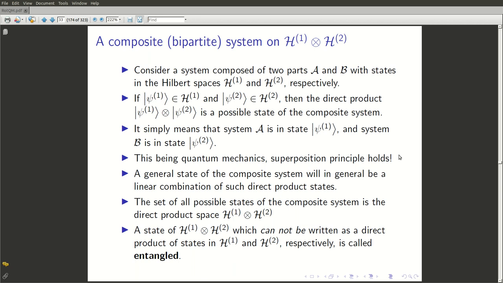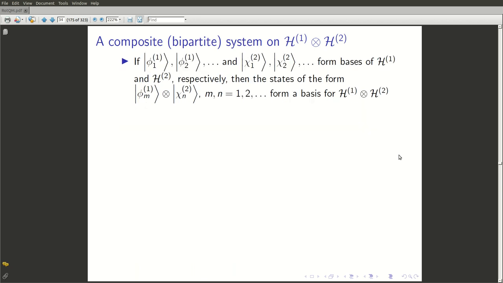We are not going to talk too much about entangled states in these lectures, but I am pretty sure you have met them before in your last course, especially in the context of Bell's theorem, inequalities and stuff like that. So what about a basis for this composite direct product space? Well, if φ1, φ2, etc. form a basis of this vector space H1, the set of all states of subsystem A, and χ1, χ2, etc. form a basis of H2, then how do you form a basis of H1 ⊗ H2?